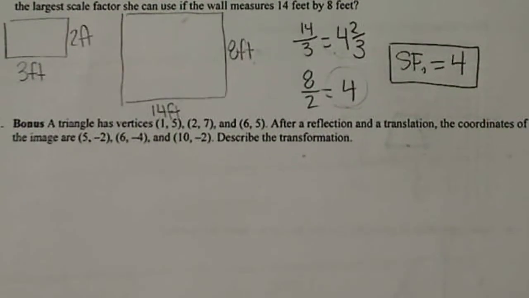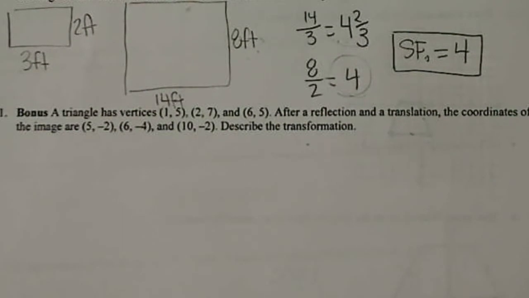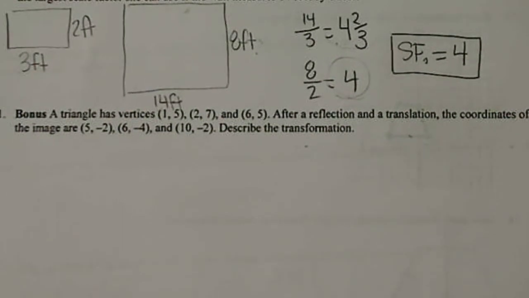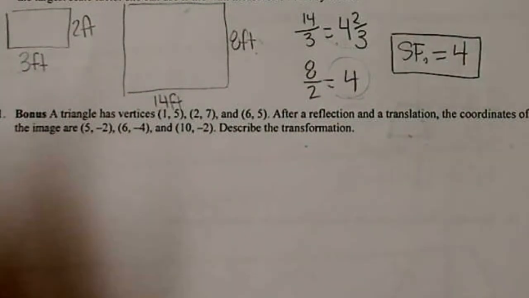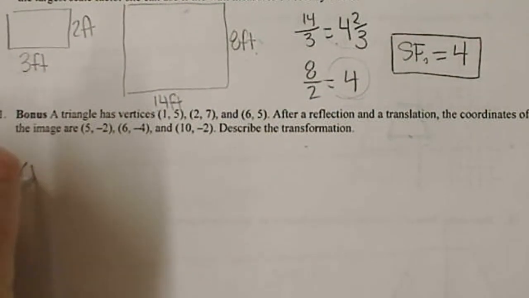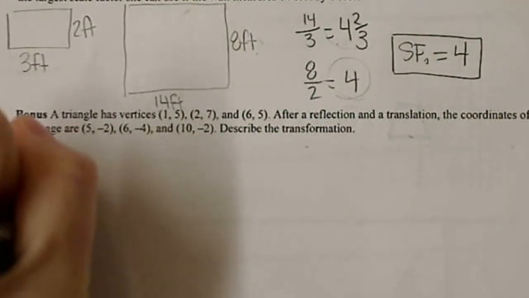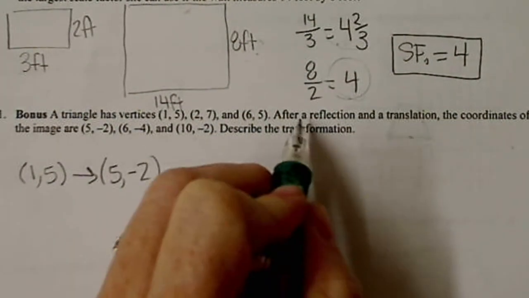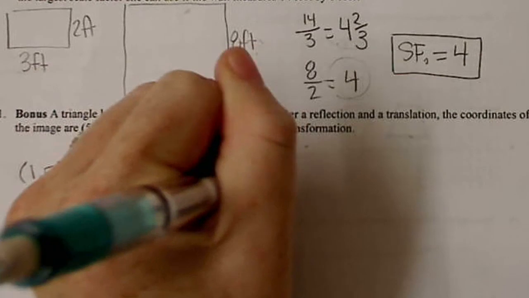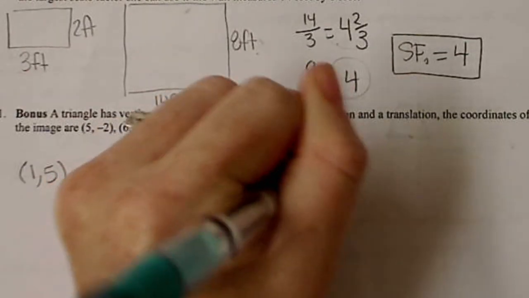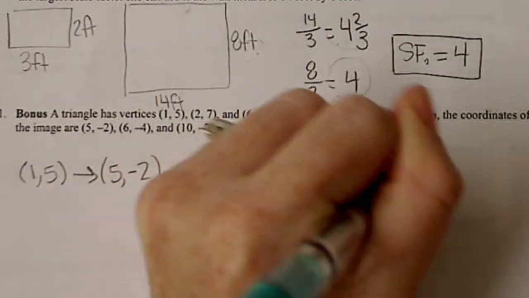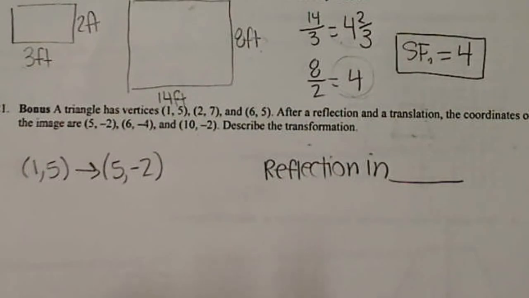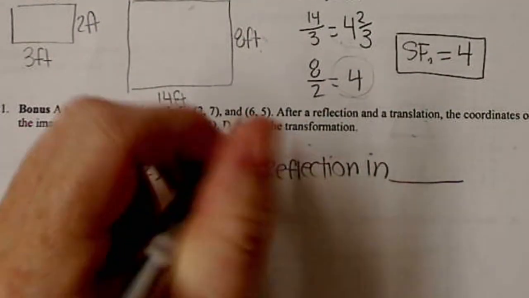Okay, the bonus, I'm going to let you try it. You have a reflection and a translation. So all I'm going to tell you is think, how can you get from 1, 5 to 5, negative 2? You have to reflect first. So a reflection and something, and then it's followed by a translation.